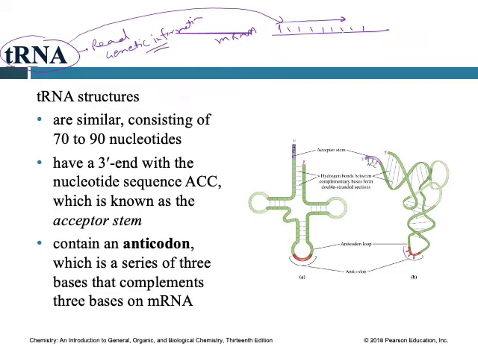This tRNA has a special area called the anticodon over here, which is a series of 3 bases that complement 3 bases on mRNA. So this is the area that helps to bind with mRNA, because they are complementary to the mRNA, so this tRNA molecule binds to the mRNA molecule because of the presence of the anticodon, right? So make sure you know, if I say anticodon, it is present on the tRNA.